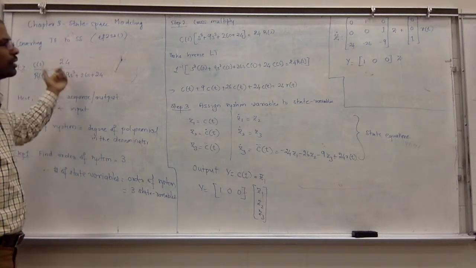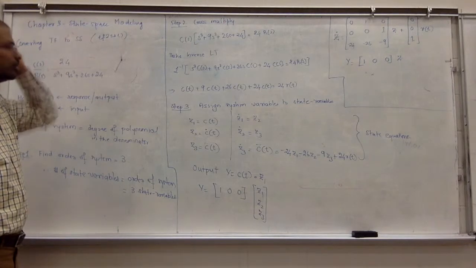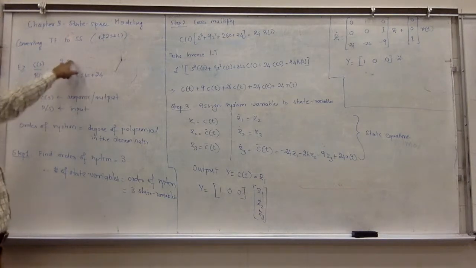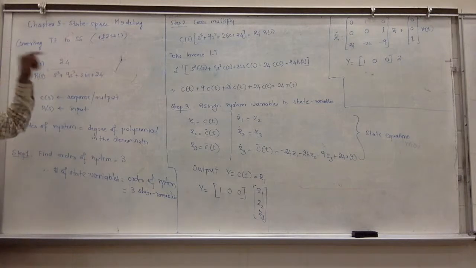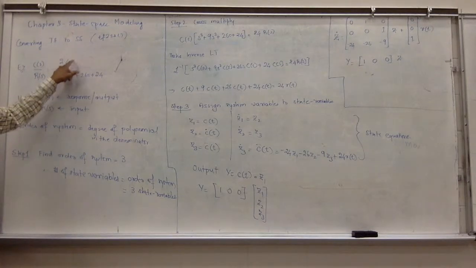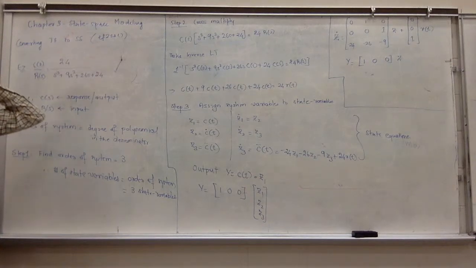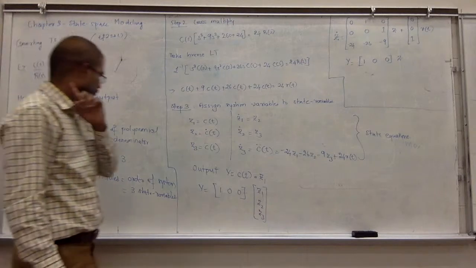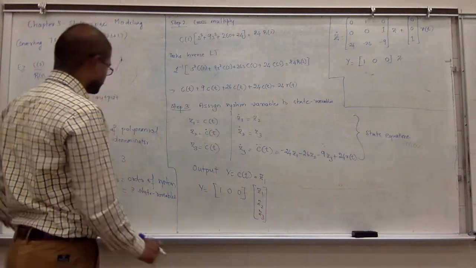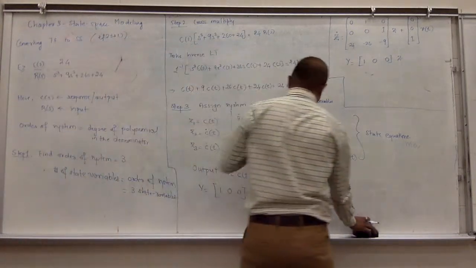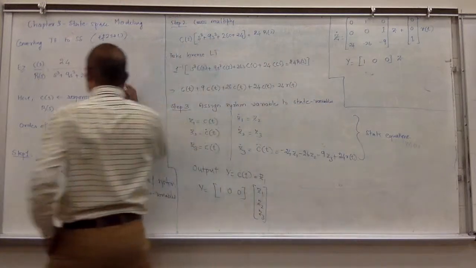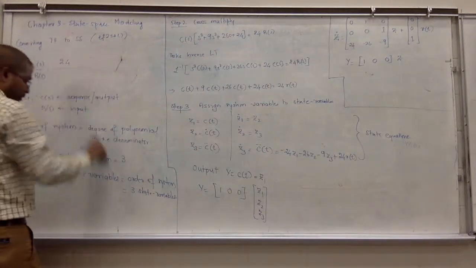You'll figure out that there are 3 state variables. There's the coefficient of the output, coefficient of the input, and you can simply write that by just looking at it. You don't even have to do this.